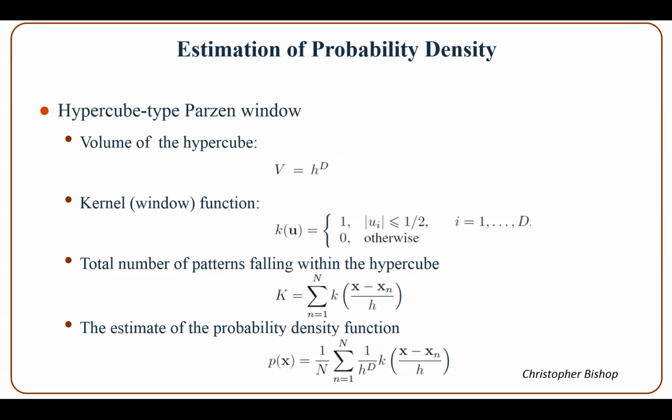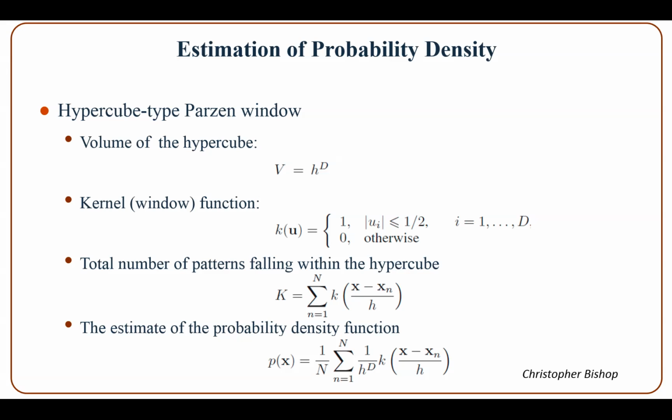Let's consider the region R to be a small hypercube centered on the point x, at which we want to determine the probability density. The volume of the hypercube V is equal to h to the d. h is the length of each edge of the hypercube, and d is the number of dimensions of the hypercube.